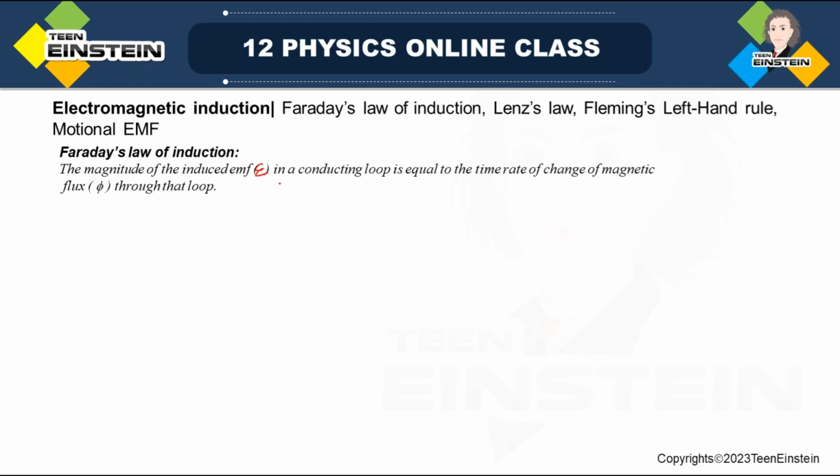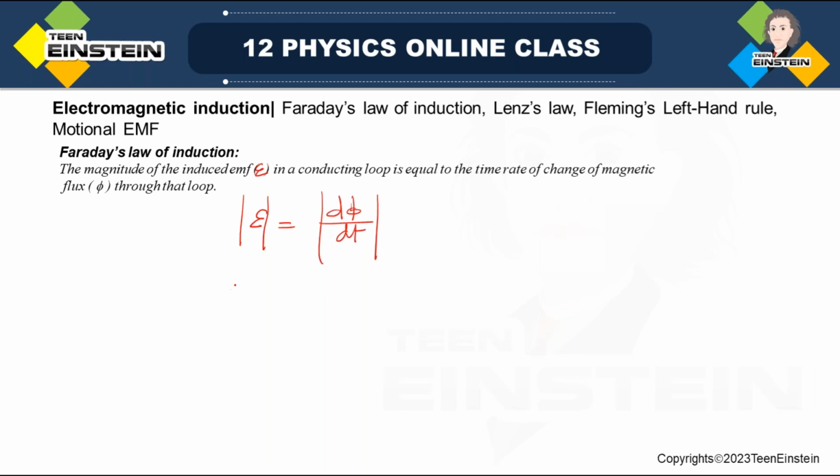So the EMF in a conducting loop is equal to the rate of change of the magnetic flux. Magnetic flux is phi, right? Mathematically, if I write the magnitude, it is the magnitude of d phi by dt. So the magnitude of the induced EMF in a conducting loop is equal to the time rate of change of magnetic flux.